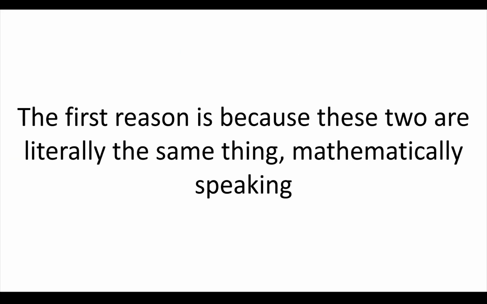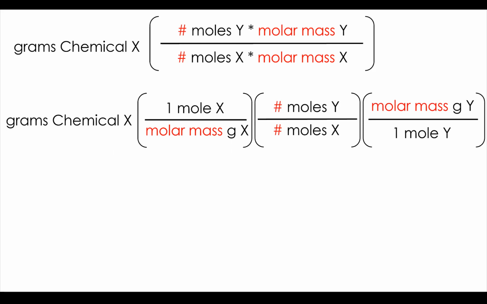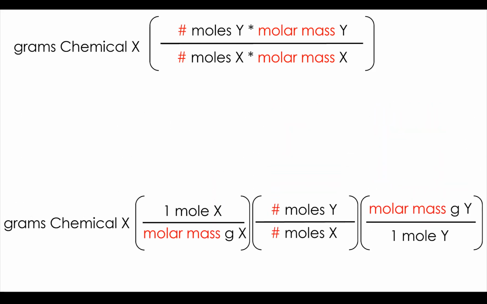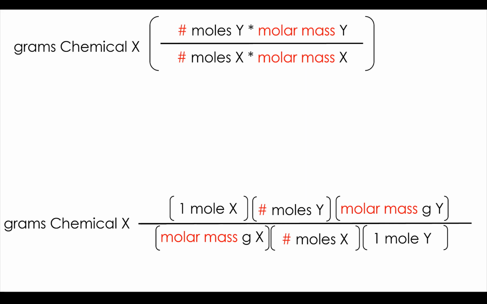Now the first reason is because, mathematically speaking, they're the same. I'll show you. Let me just reshuffle this around. You multiply a bunch of fractions, and you remember that they sort of combine together to form a big fraction. I'll rearrange it. And when you multiply by 1 mole on the top and 1 mole on the bottom, that doesn't matter. Multiplying by 1 doesn't change anything.